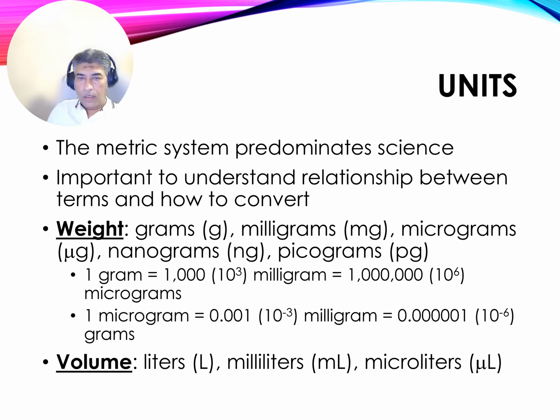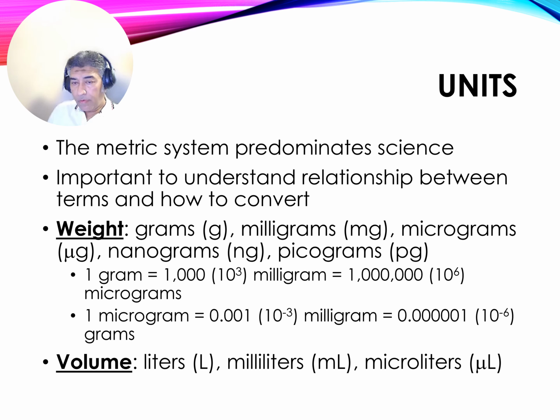Now we'll see what the metric system is. The metric system predominates in science, and it is important to understand the relationship between terms and how to convert. Mostly we are using weights in grams, milligrams, micrograms, nanograms, and picograms.